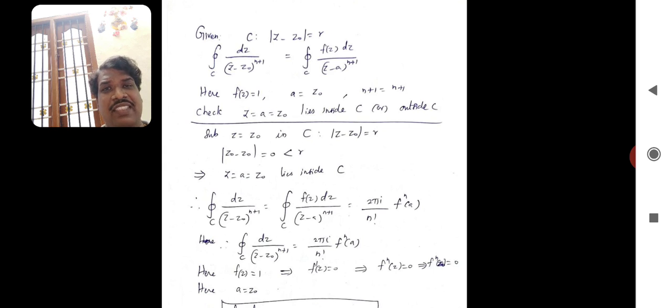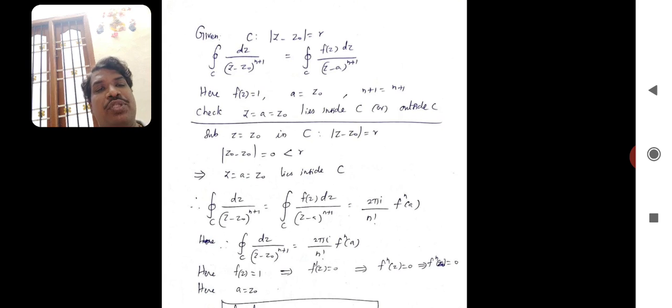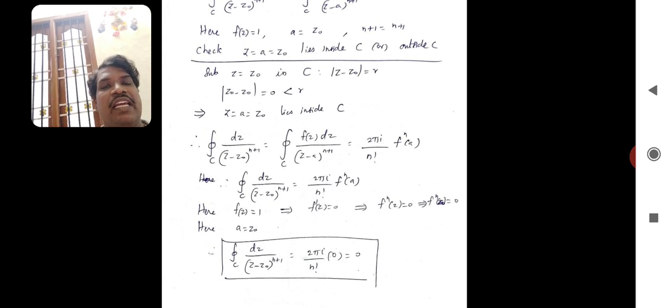If I differentiate for subsequent times, again the answer is going to be 0. So therefore f nth derivative at the point z is 0, and the nth derivative of f at the point z equal to z0 is also 0. So if I substitute all these values, my given integration becomes 2 pi i by n factorial into 0. So the answer is totally 0, which is the answer for the given integration.